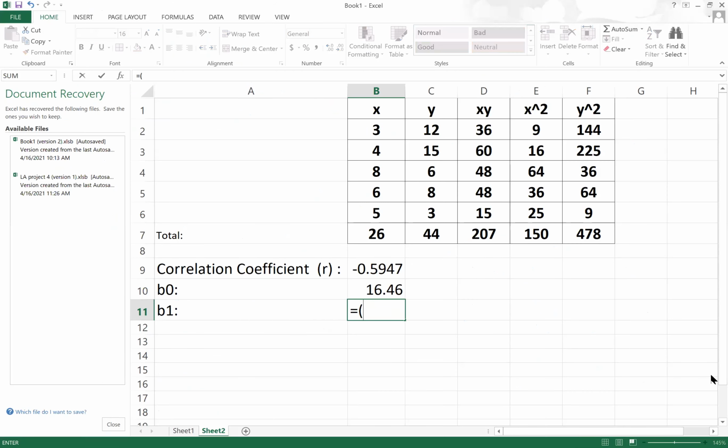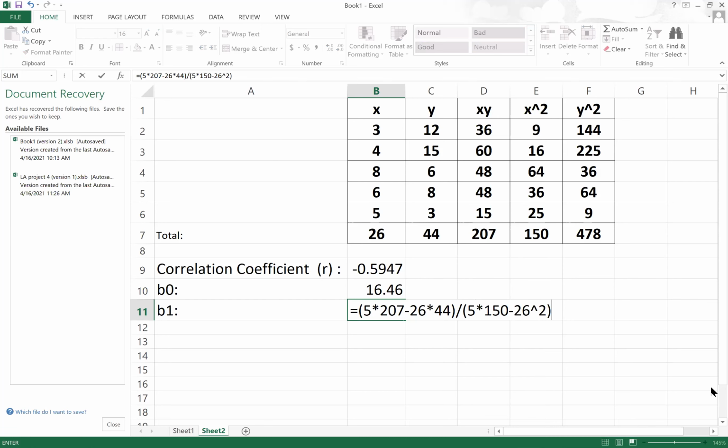All right, one more time. Let's compute it. 5 times total of xy, that's 207, minus total of x, 26, times total of y, 44, and dividing by the denominator, which will be 5 times total of x squared is 150 minus total of x is 26, square that as well.